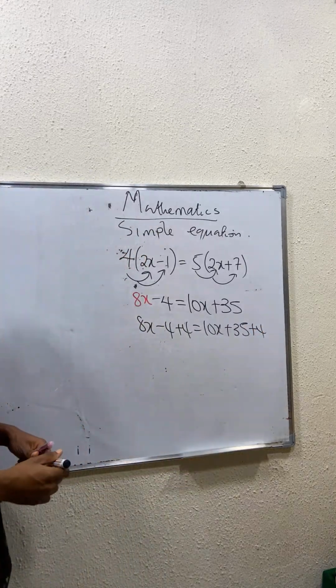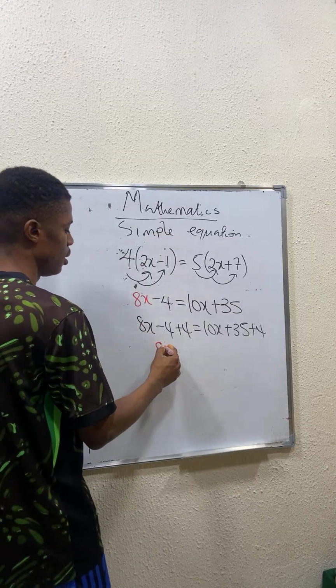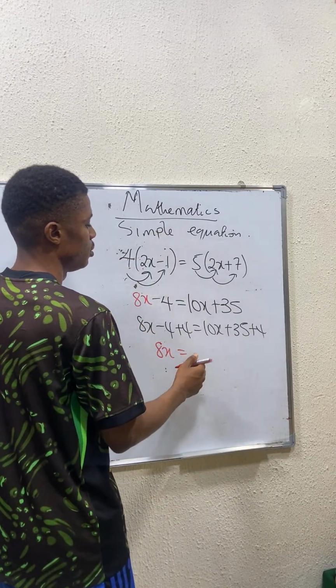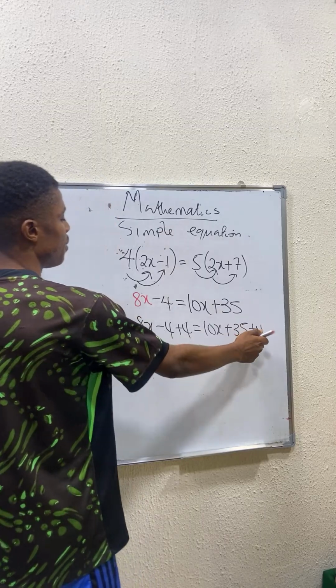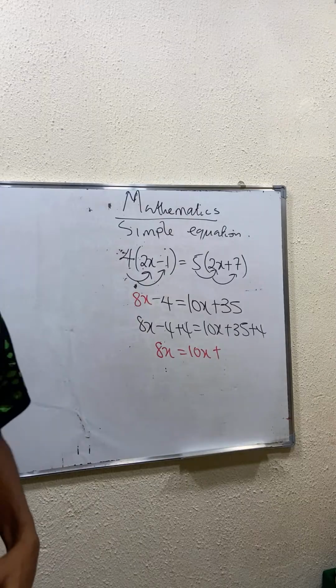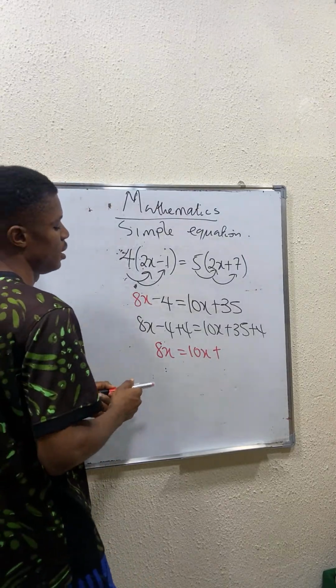If you do that, you have 8x is equal to 10x plus, what is 35 plus 4? 39.